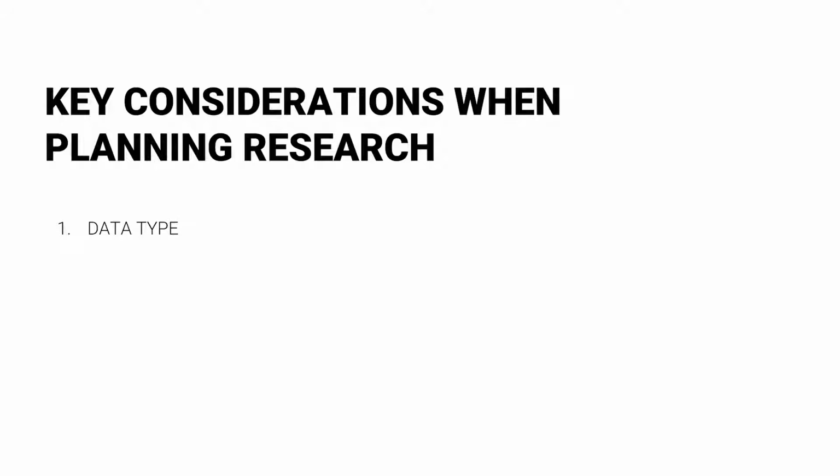So what we are thinking about doing here is how to determine what is the most appropriate solution to any given problem or research objective that you might have. So the 3 things to think about when doing this planning are the type of data, the strength of signal, and the resources, by which I mean time and money.